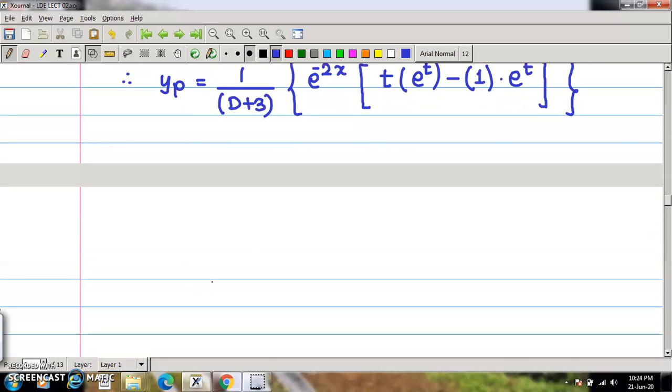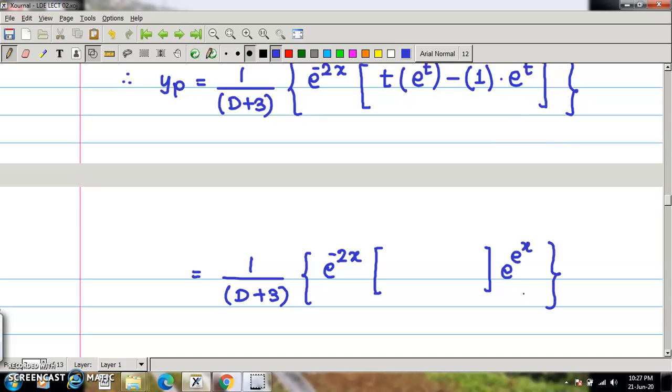We can simplify, it is equal to 1 upon D plus 3 as it is, then e raised to minus 2x. Here we can take e raised to t common and substitute t equal to e raised to x, and this term will be e raised to x minus 1.